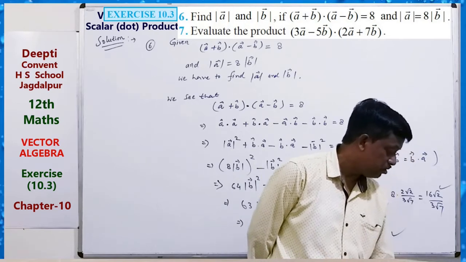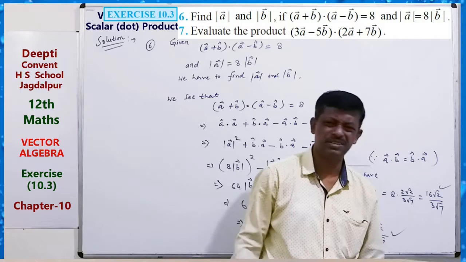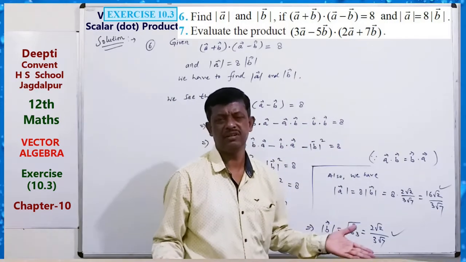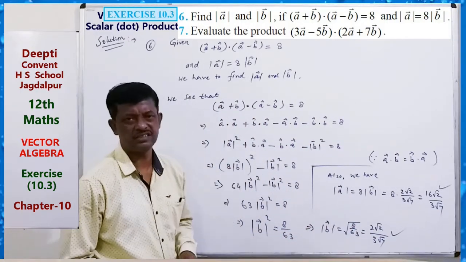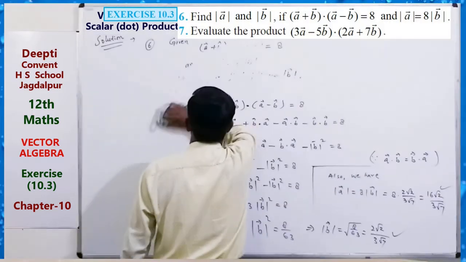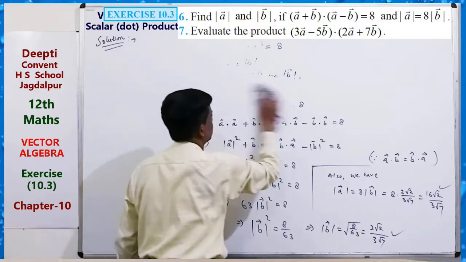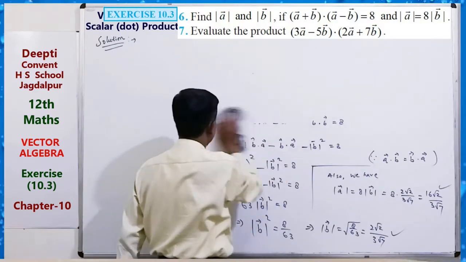Question 7. Evaluate the product (3a − 5b) dot (2a + 7b). Just multiply as usual and write the answer in general form. Okay, so 7 is a simple question, just you have to multiply. Do it by yourself. Clear?